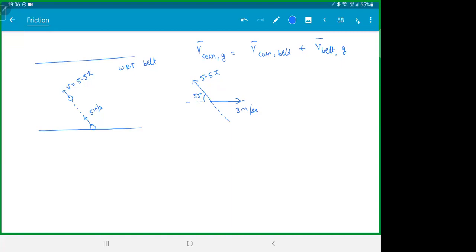Now see, this is what I do. We split the velocities, perpendicular to 5 minus 5t and parallel to it. We divide like this. I'll show you why. If you divide velocities in this direction, this angle also will be 53.